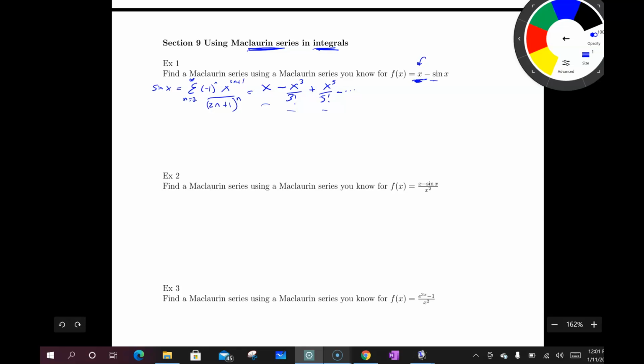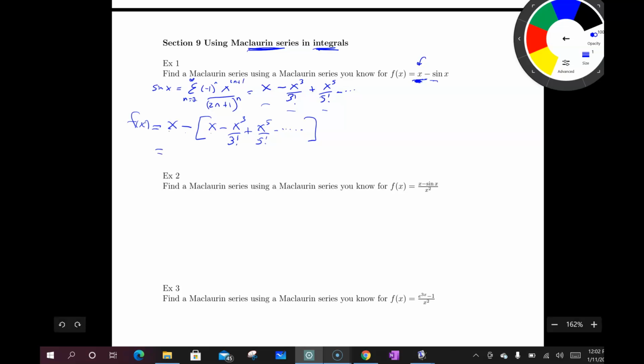Look at what this is saying. It's saying make the function x minus this. So I'm making the function x, equal x minus sine of x. So I'm just going to write in the first few terms. Okay, and I know the pattern of how it goes.